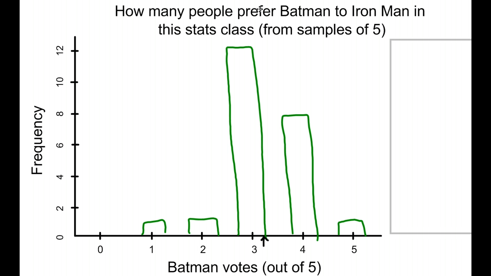Well, if we're only asking 5 people, 62.5% of 5 is going to be a little bit bigger than 3. So we would expect that most data is going to be close to 3. And since it's a little bigger than 3, it also makes sense that we get a lot of 4s. We get a lot of times where 4 out of 5 people said Batman.